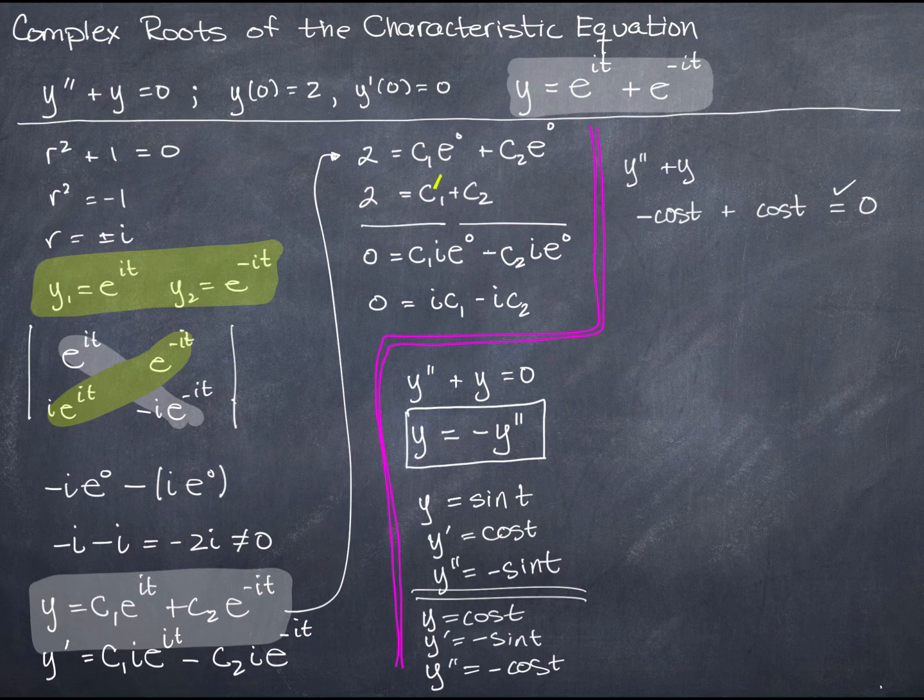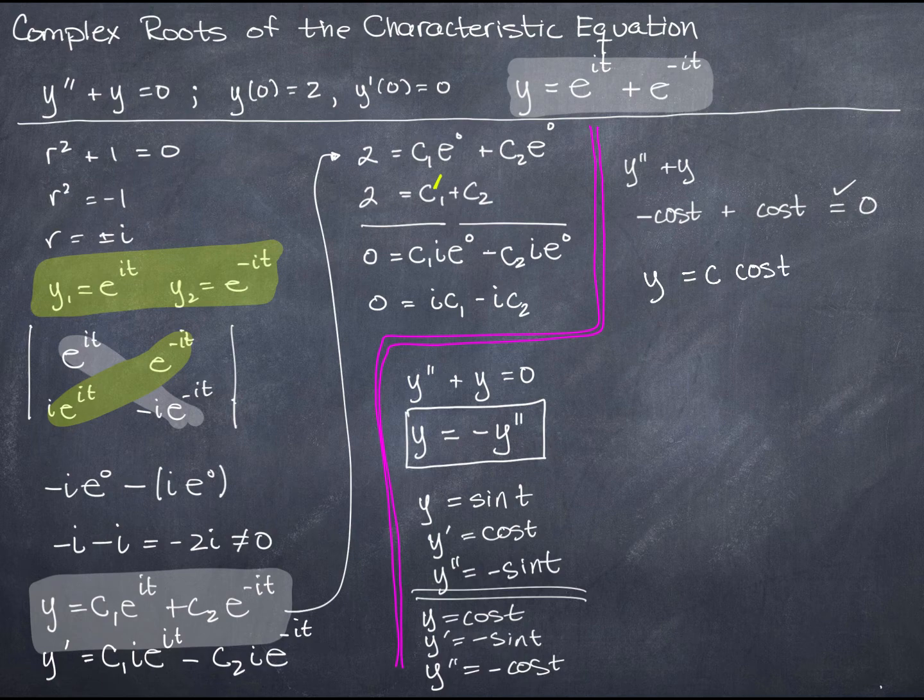So if we argue then that a solution to this equation is y equals the cosine of t, then the next step is to recognize that that's not the only solution. If you'll recall from the principle of superposition, we can have multiples.